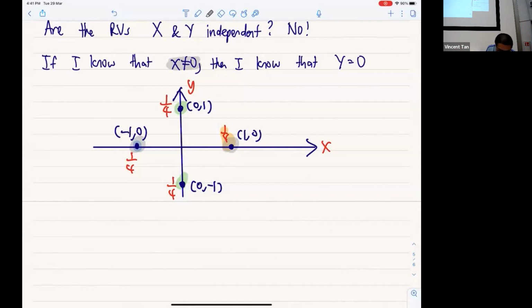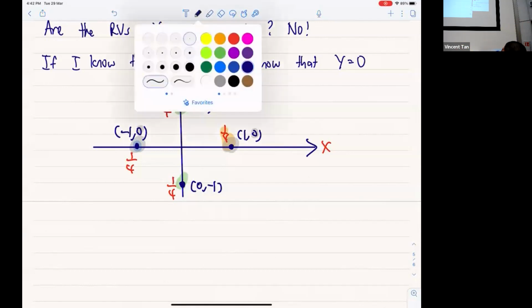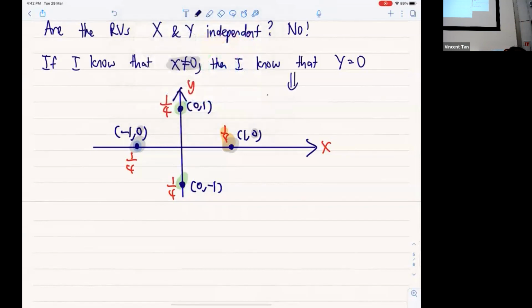And so we must know that the coordinate of Y is definitely equal to 0. So if I have some partial information about X, I have a lot of information about Y. That means that X and Y are far from independent. This implies that X is not independent of Y.